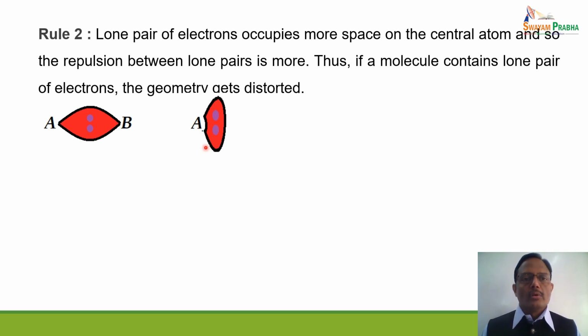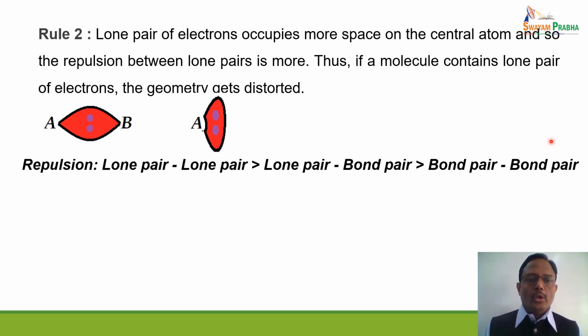So this is a quite logical approach towards the bonding concept or the electron pair concept. Now the outcome of this is that if you have lone pairs, then the repulsion between the lone pairs will be maximum because they are occupying more space on the central atom, whereas the repulsion between bond pairs is minimum because they are occupying less space on the central atom and the electron cloud is diffused.